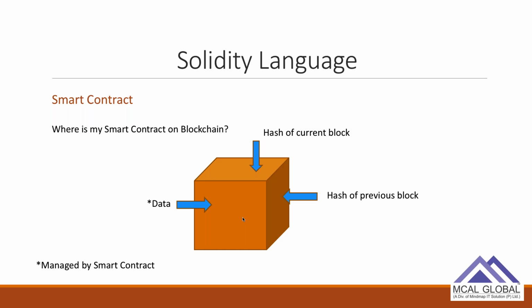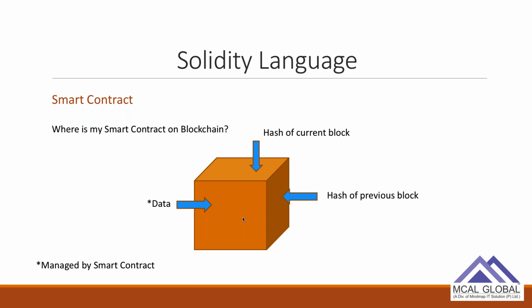After that, there are two important parts of the block. One is the hash of the current block. This hash is unique for your current block because the block has particular transaction data, and the hash is unique for that. There is another hash, which is the hash of my previous block.